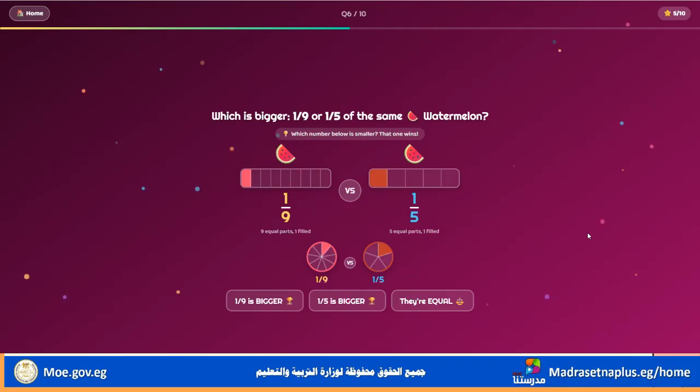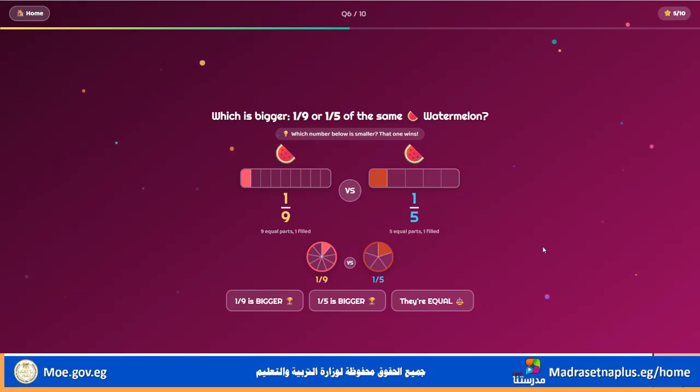Wow, watermelon. The outer part is green, the inner part is red. Yes, it's sweet. Which is bigger, ninth or fifth of the same watermelon? Watermelon, delicious fruit. Yes, 1/9, 1/5.